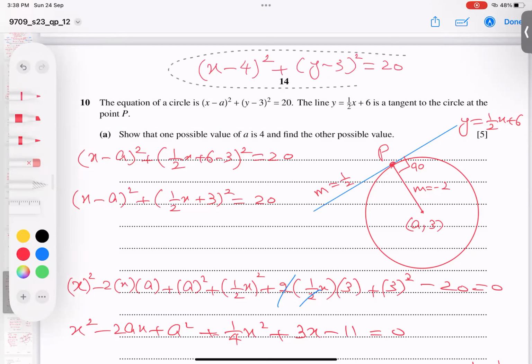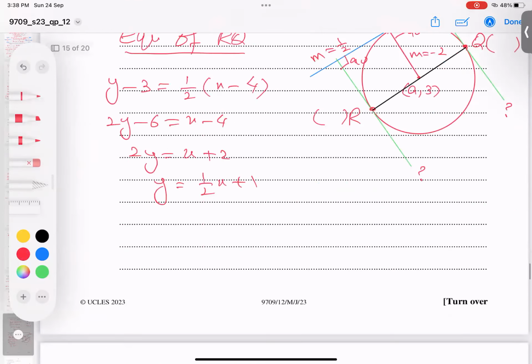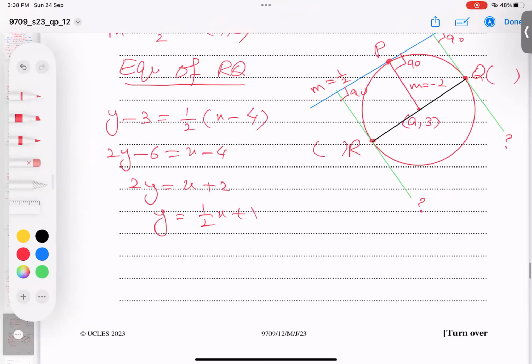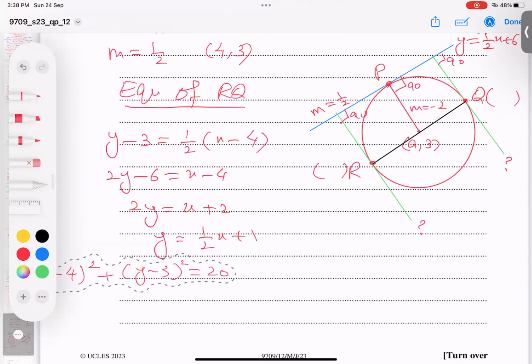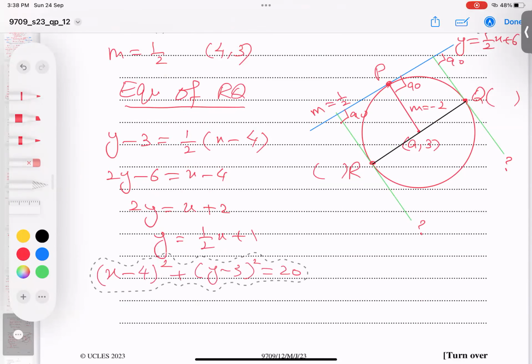This is the equation of the circle, I need it. I'm going to solve it here. I will plug this value in here, so half x plus 1.